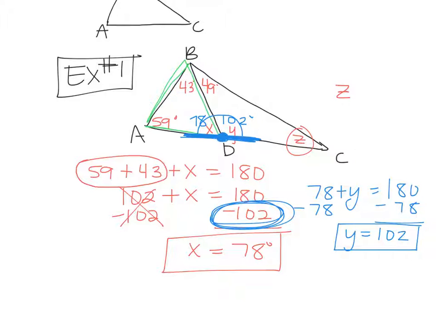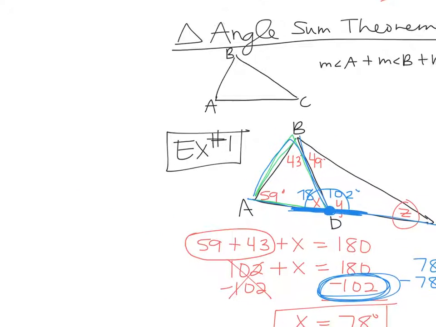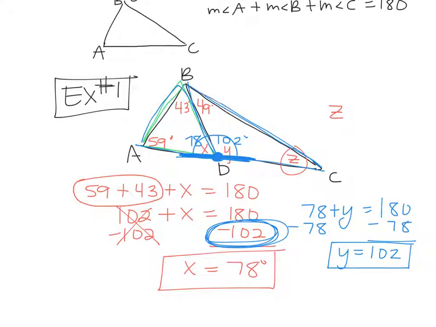How many triangles do you see in this picture? 3. There's 3 actually, right? There's the green triangle on the left, this triangle. There's only 2 triangles. No, because there's the triangle on the left, the triangle on the right, and then there's the whole big one. This triangle. Right? So you have options. I would say the easiest one to work with would be BDC, the one on the right.